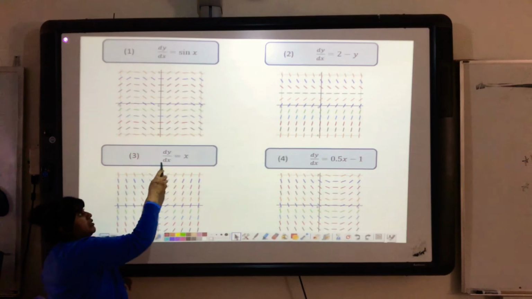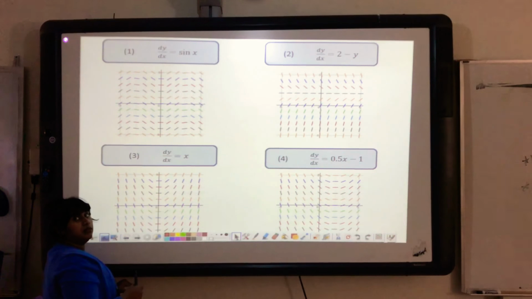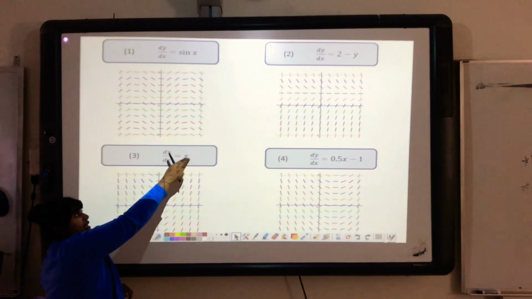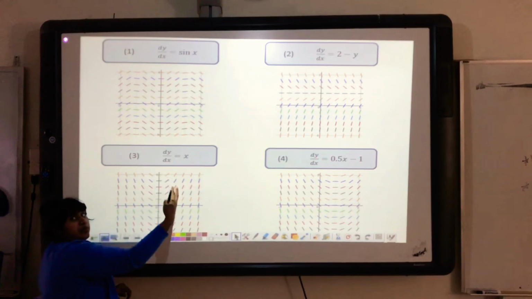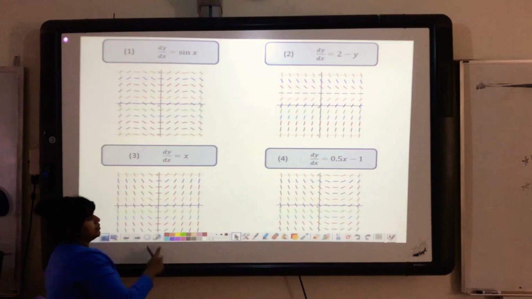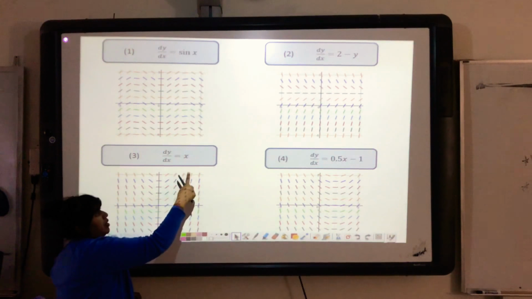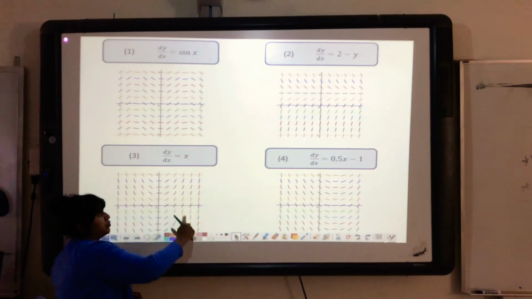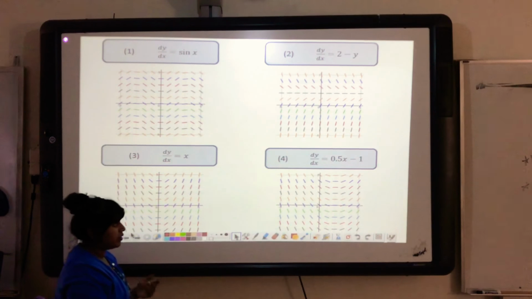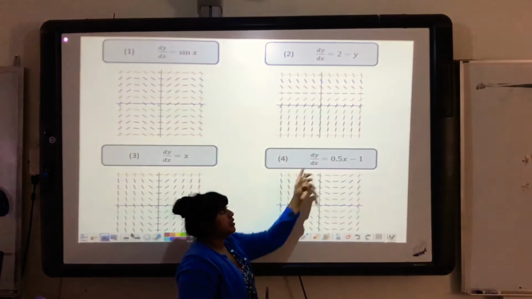Okay, over here, this just equals x. So this is similar to whatever x value has to be my slope. So if x equals 0, all of these slopes should be 0. All of these should be 1, negative 1, positive 2, 3, 4, 5. It should be negative 1, negative 2, negative 3, negative 4, negative 5. And that's correct. Here, similar thing is happening.